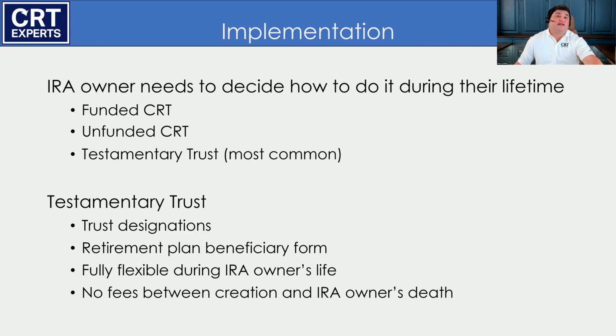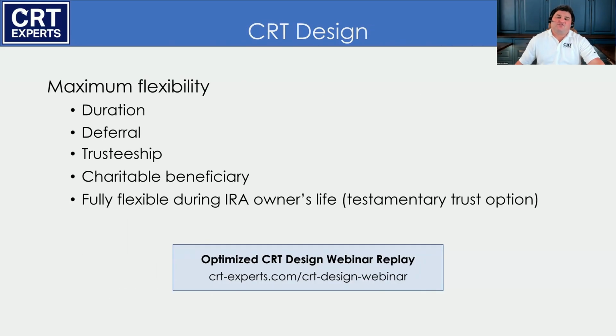Ultimately, we are creating a CRT, and that will get us into the discussion about designing the CRT. One thing I will say at the outset: when we're talking about CRT design, in that traditional CRT scenario, I'm sure you've all seen, if you've had clients create CRTs, most likely the goal was they owned appreciated property, whether it was real estate, closely held stock, or publicly traded stock.